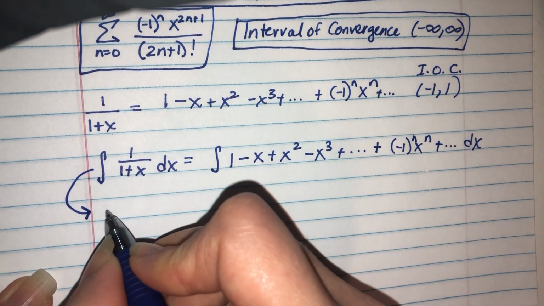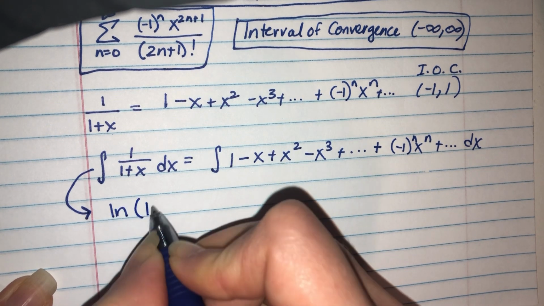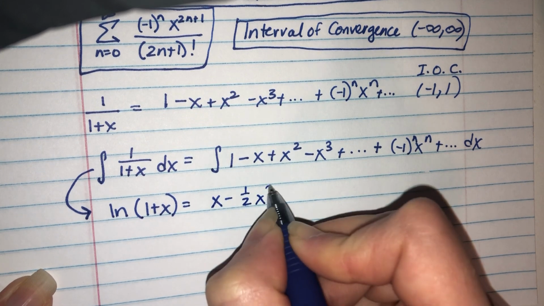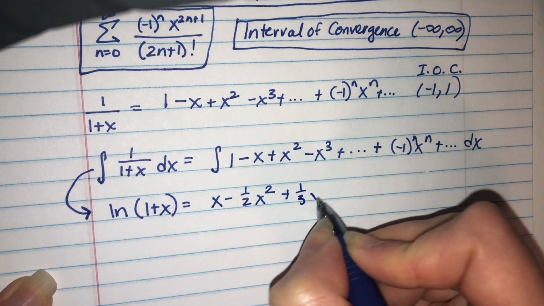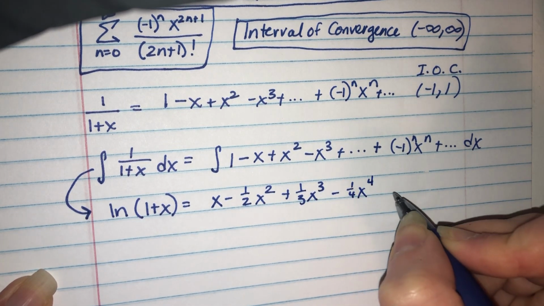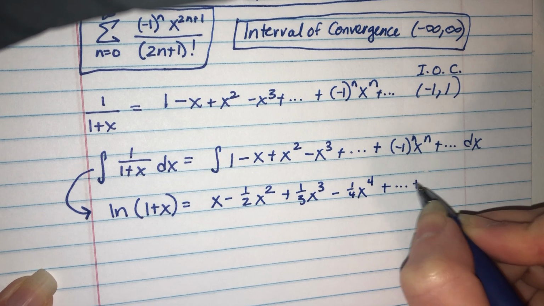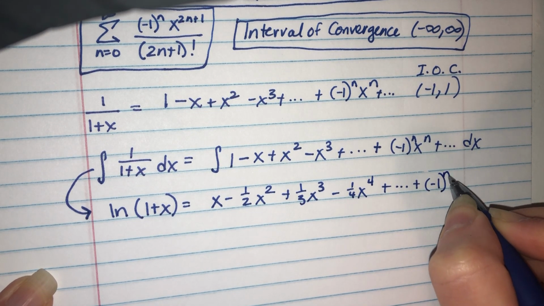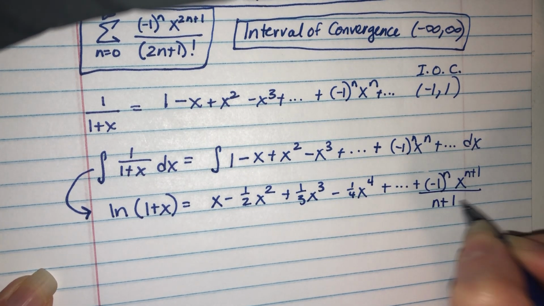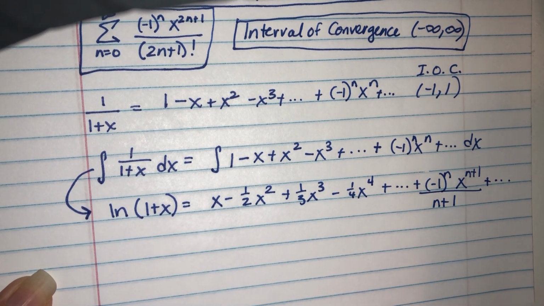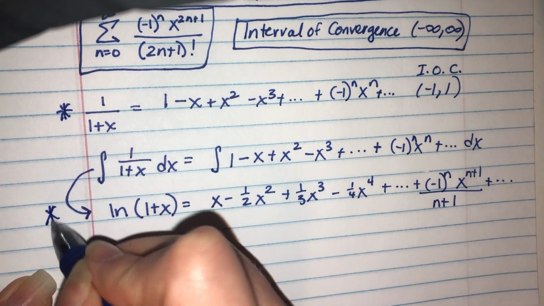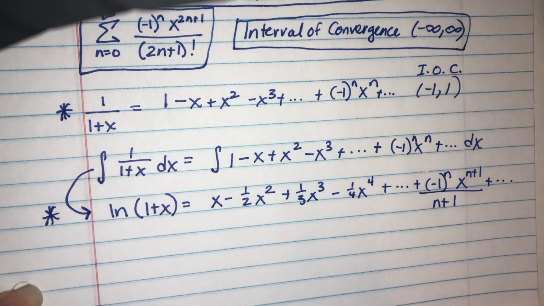That's going to give us the natural log of 1 plus x, which is x minus 1/2 x squared plus 1/3 x cubed, just doing power rule backwards, minus 1/4 x to the 4th plus dot dot dot plus negative 1 to the n x to the n plus 1 divided by n plus 1 plus dot dot dot.